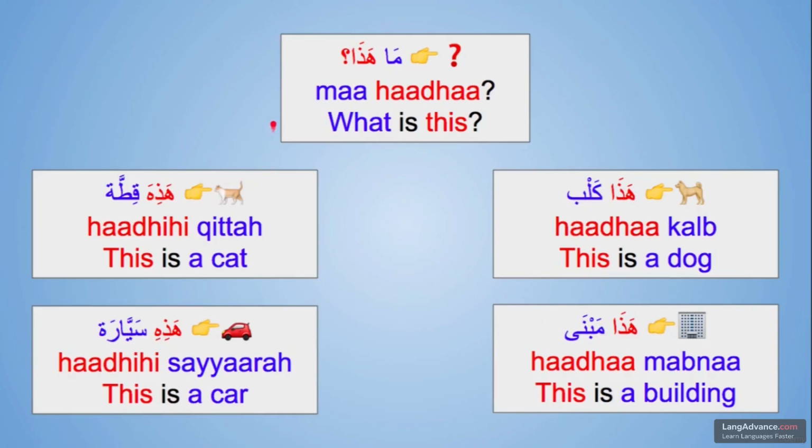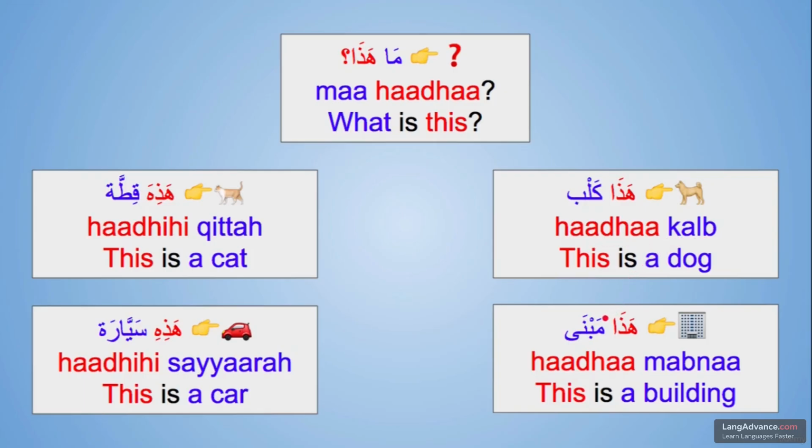So let's take some examples. For the question ما هذا, which means what is this, we can answer this by saying هذا كلب, this is a dog. And notice that the word dog is masculine here.